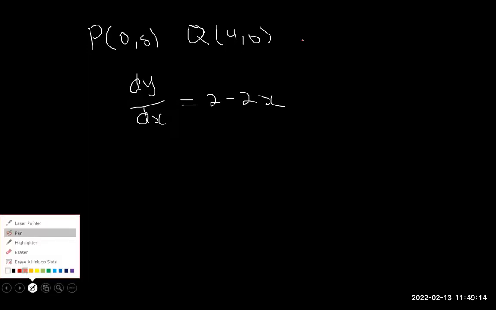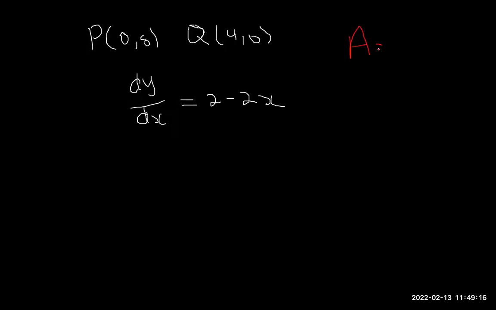Just in case you need to see what I'm talking about, remember area is equal to the integral of f of x dx, where your upper limit is b and lower limit is a. f of x is always the equation of the curve. They did not give you the equation of the curve. So how are you supposed to find the area of the region? How are you going to do that?